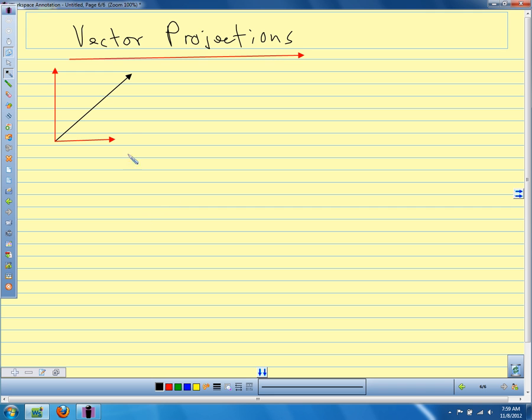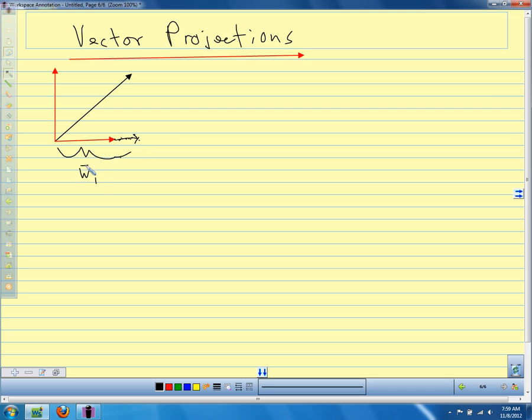And we're going to call this component W1. So this is, I'm just extending this out a little bit, making this into a vector.